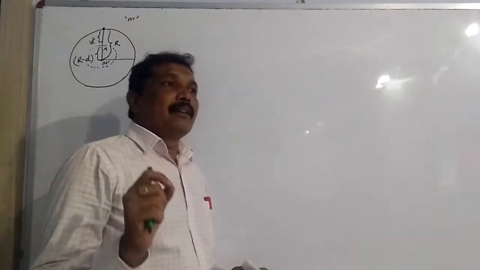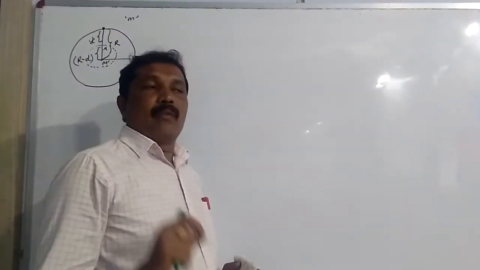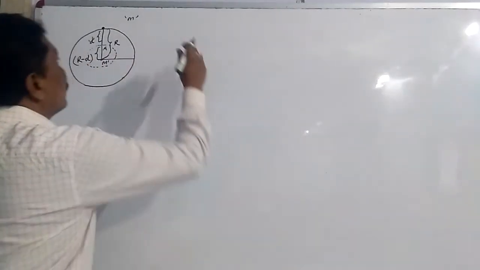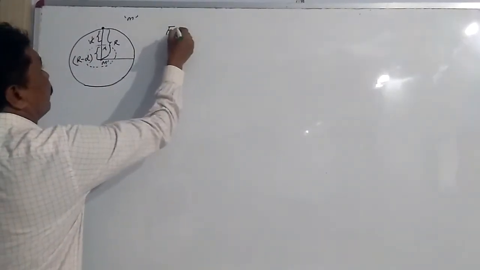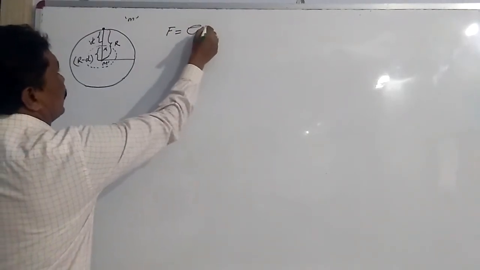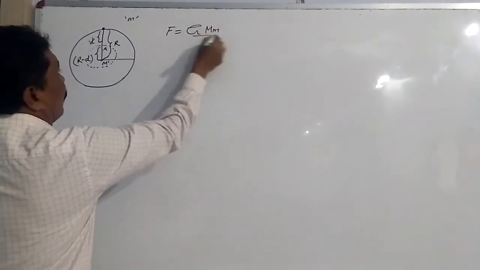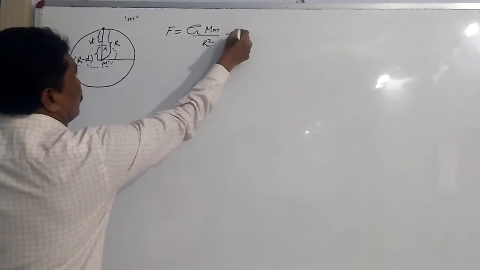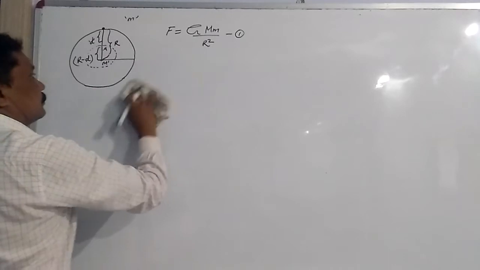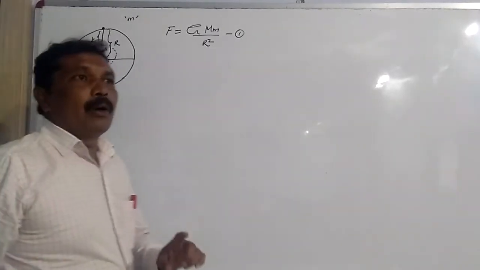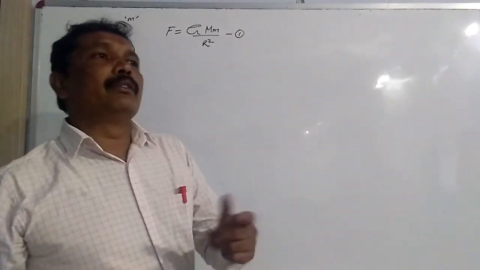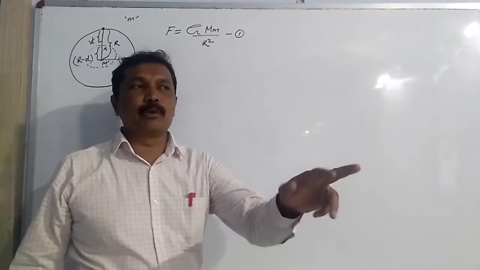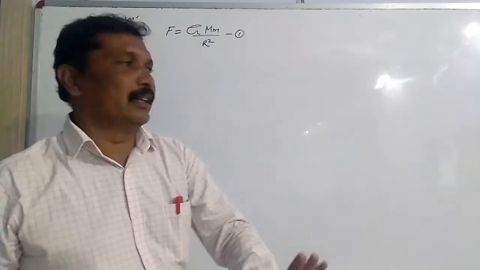Now we have seen the mathematical expression of force. What was F equal to? F is equal to G Mm upon R square. Every body in the universe attracts every other body in the universe by a force which is directly proportional to the product of their masses and inversely proportional to the square of the distance between them.